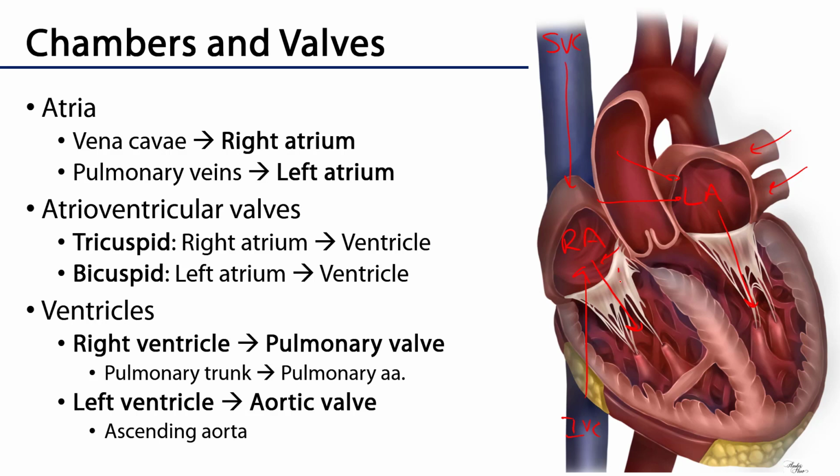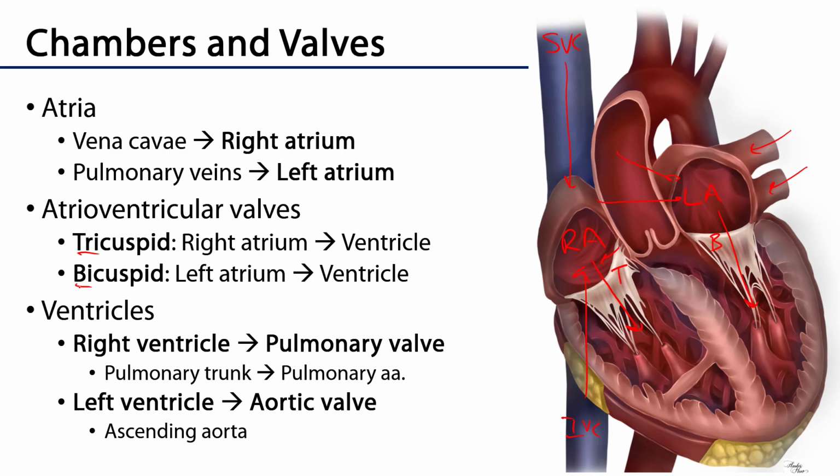On the right side, there is a tricuspid valve, because there are 3 cusps, and on the left side there is a bicuspid valve because there are 2 cusps. 3 versus 2.